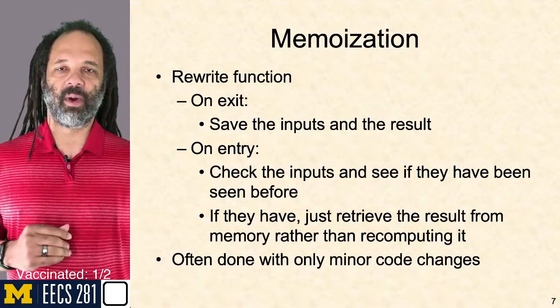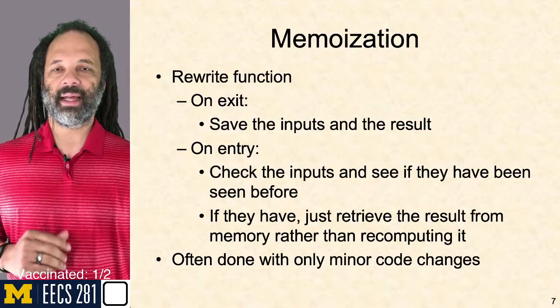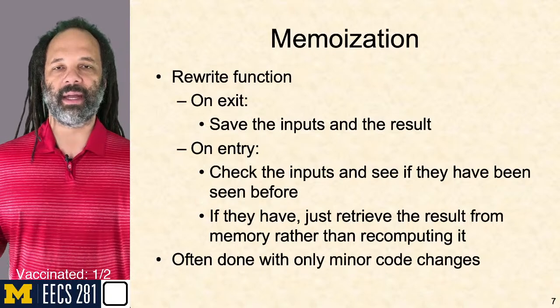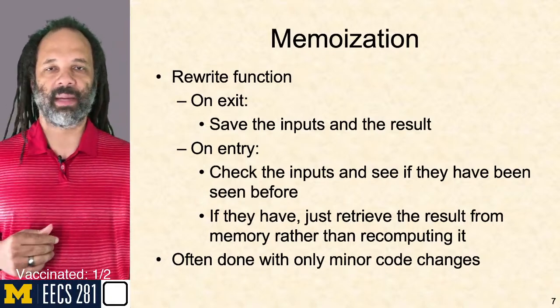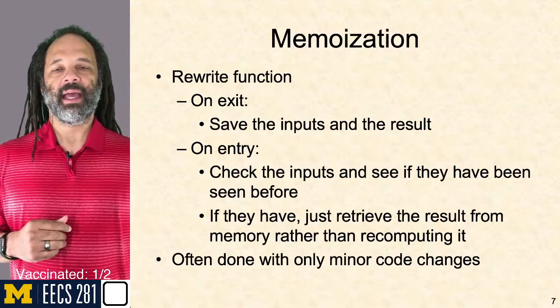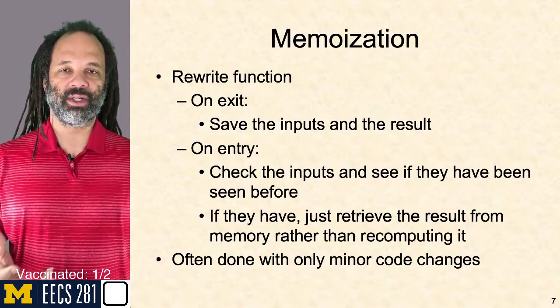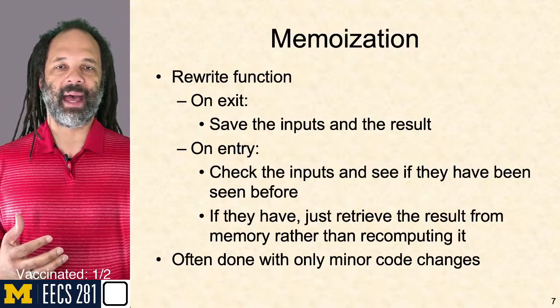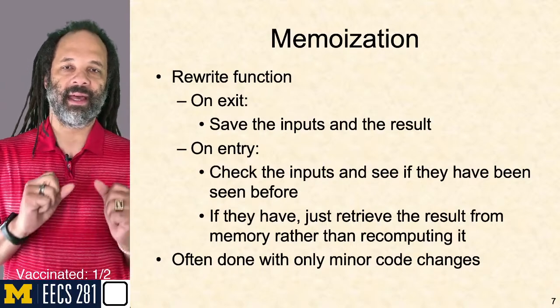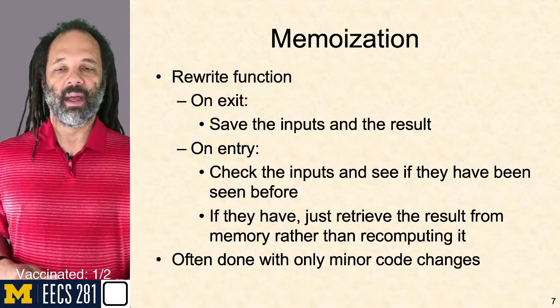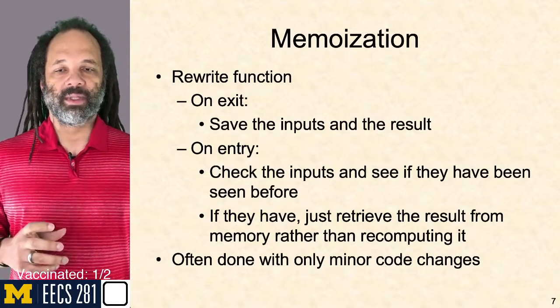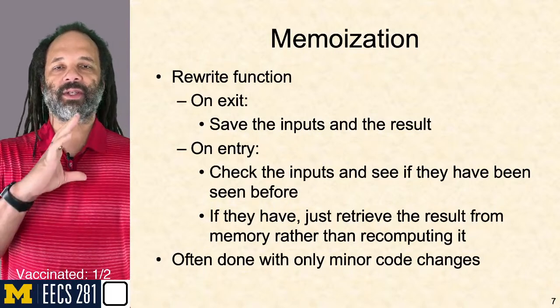A simple approach to memoization is to take some function that we're going to write. Our first example here was Fibonacci. There are some other examples we'll look at in the future. When I write my recursive versions of these, I make the recursive calls and then I return something. That's the basics of it. To do memoization, you can rewrite the function just a little bit.